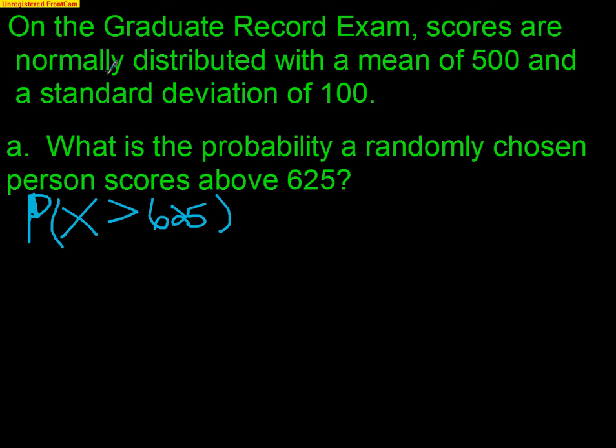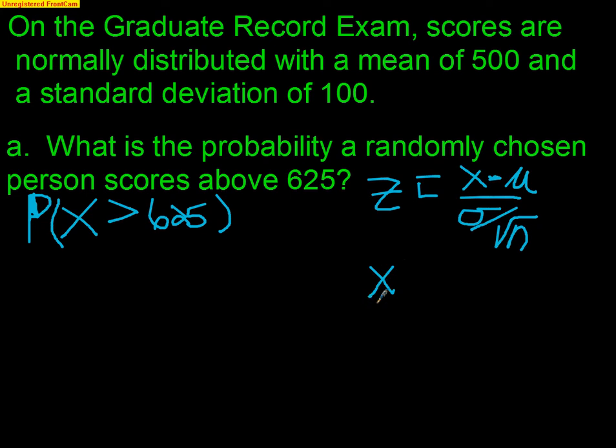So we know that this is the formula for our normal distribution. Z is equal to X minus mu over sigma divided by the square root of n, which is our sample size. So let's make a shopping list and see what things we may potentially need.